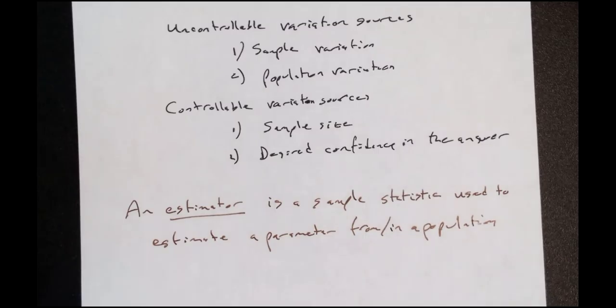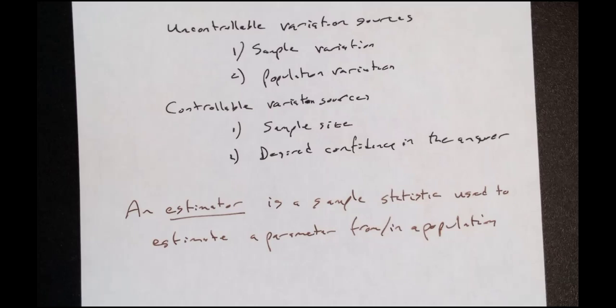And in general, we're just going to call such a thing an estimator if I compute some sample statistic and it's designed to be a representative of a parameter that would have been found in the population.